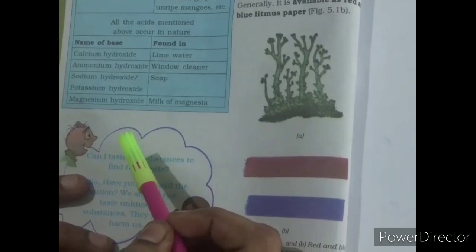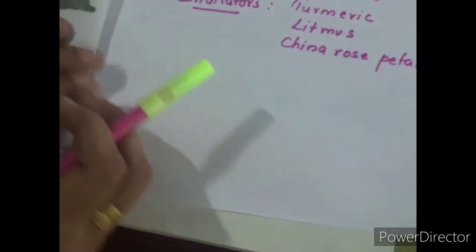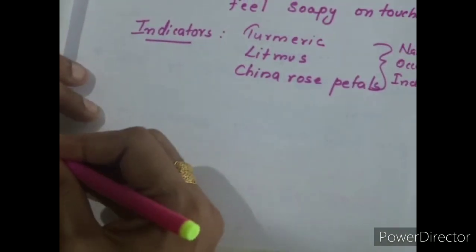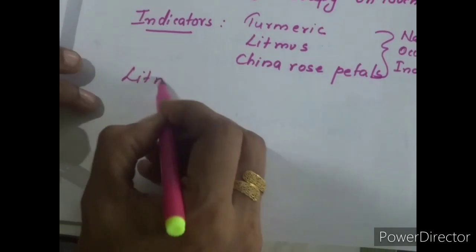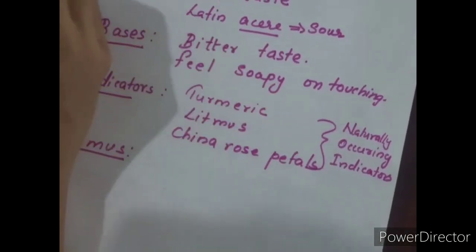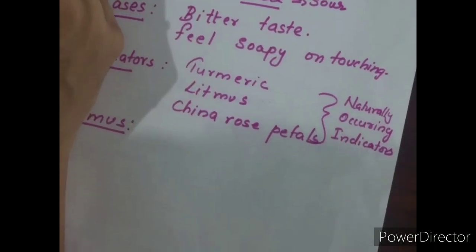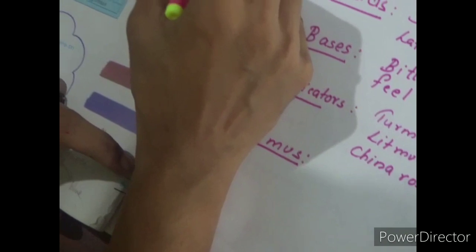Let's see the different types of natural indicators. First one is litmus. The most commonly used natural indicator is litmus. It is extracted from lichens.